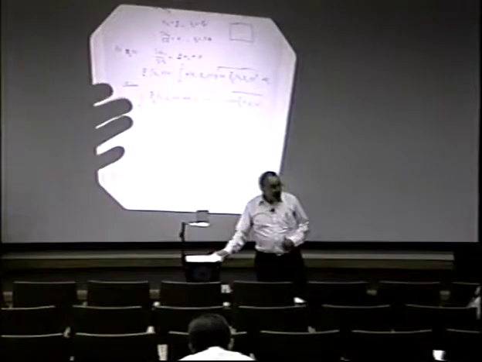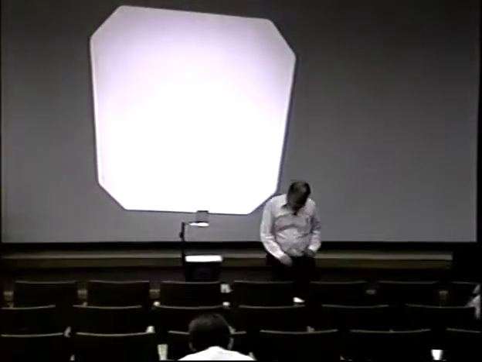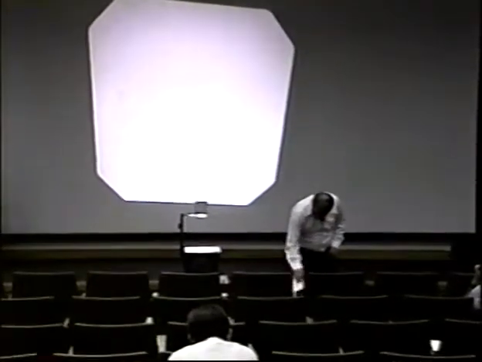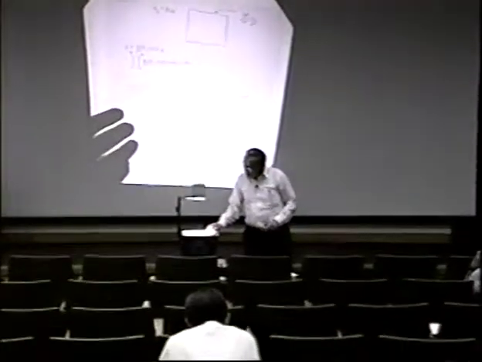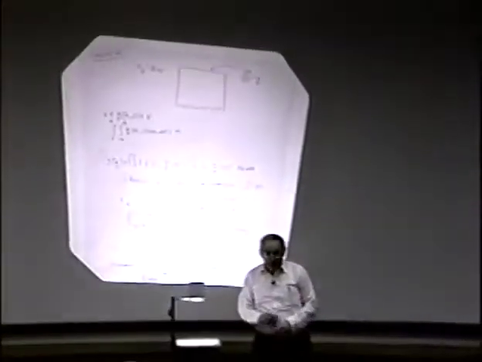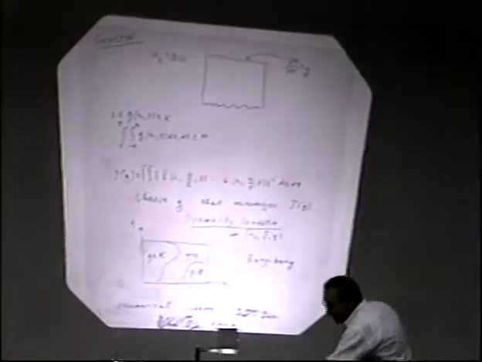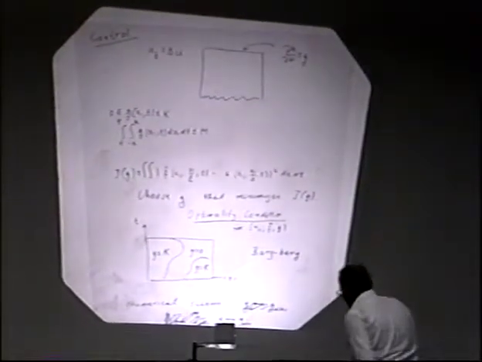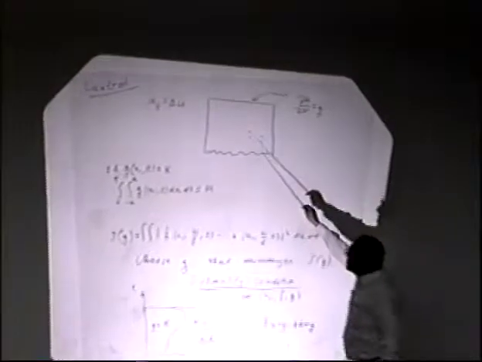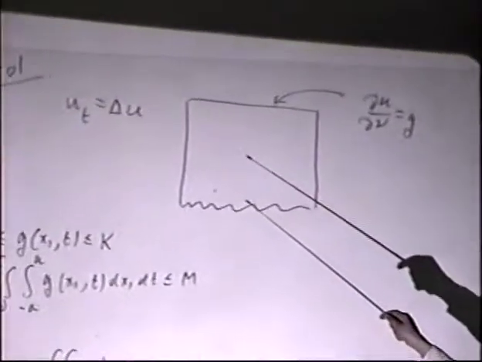Now I want to go back to the control problem. So let's take a diffusion equation which is time dependent, the heat equation, and let's put here the flux, because that's what we are really given.